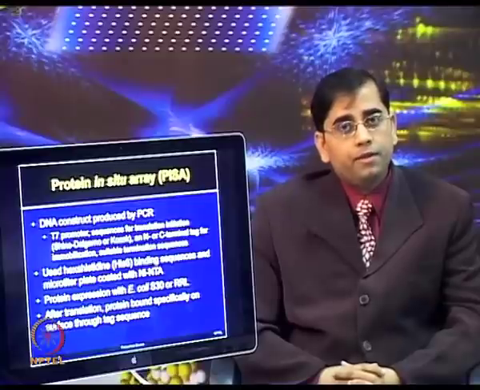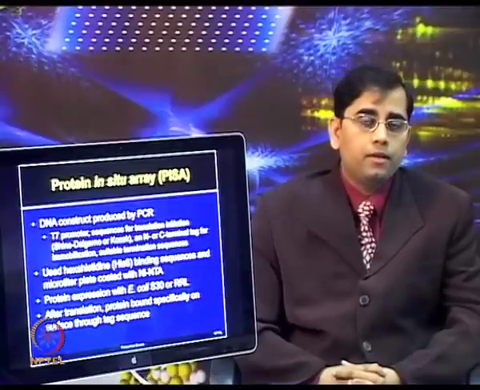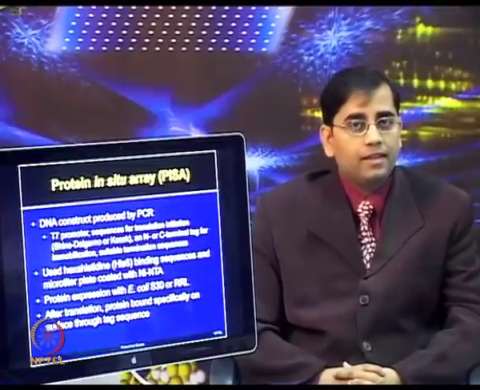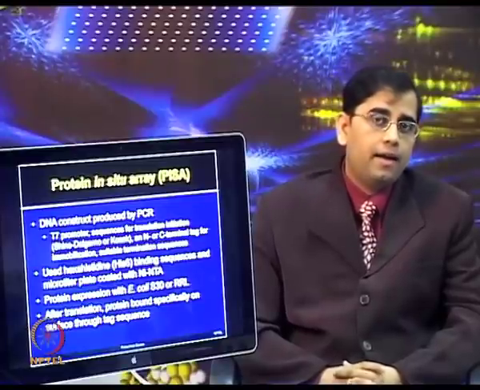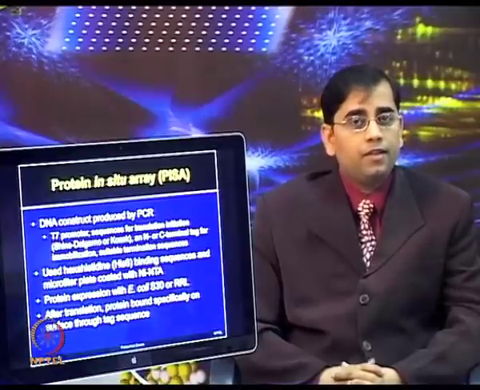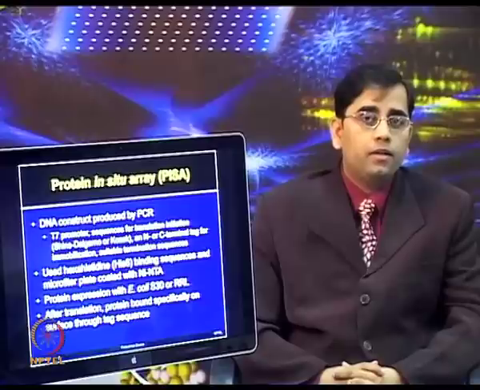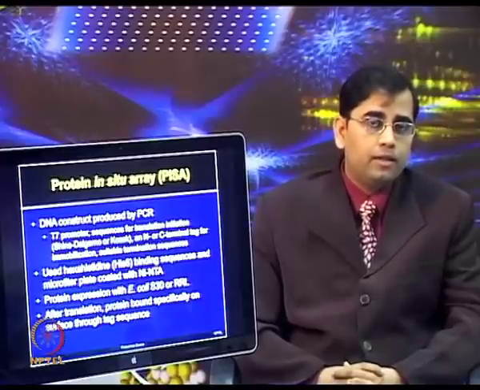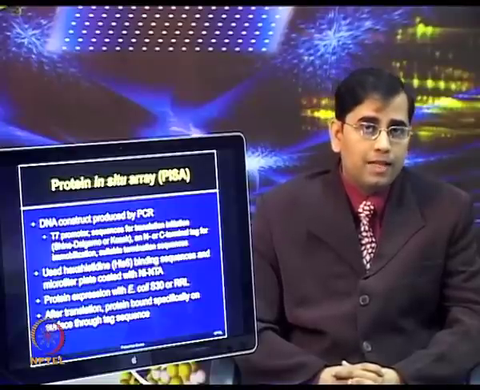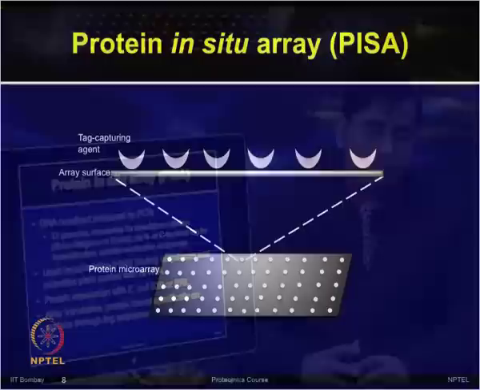The protein expression can be performed by using an E. coli based system or rabbit reticulocyte lysate or RRL. Once the translation has finished, the protein which is synthesized by using this cell free expression system specifically binds on the surface through this tag sequence.